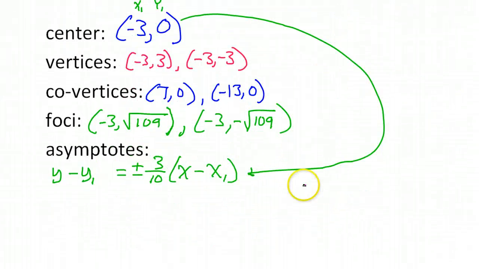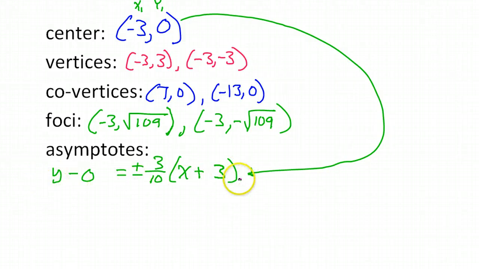So if I let y1 be 0, this would become 0 suddenly. If I let x1 be negative 3, then this would become positive 3, plus 3 right here. See how it's like the opposite? Minus 3 becomes plus 3.